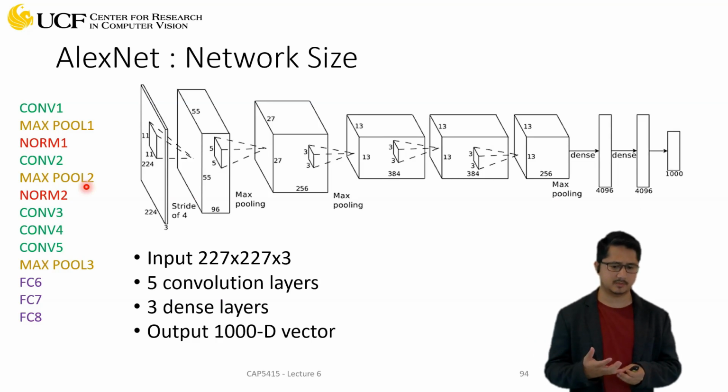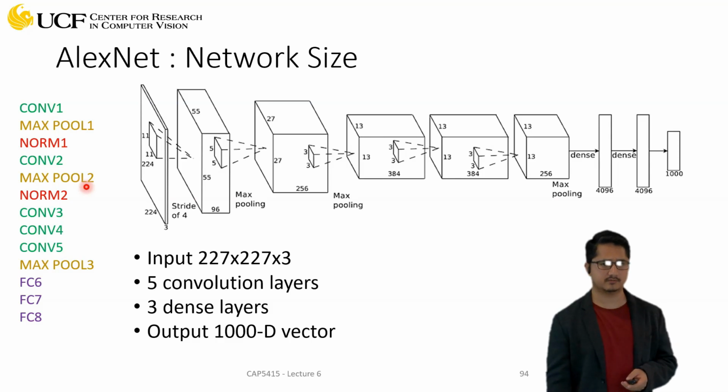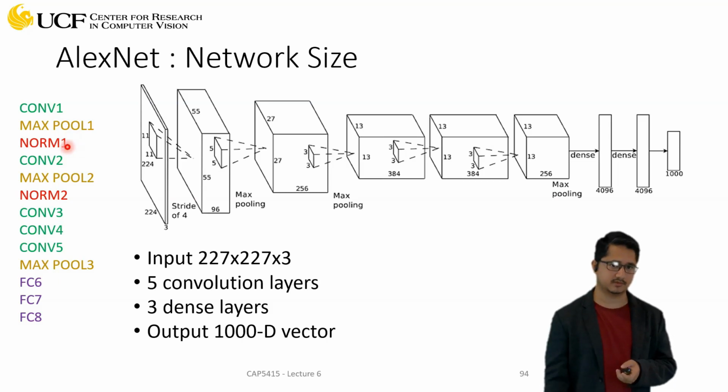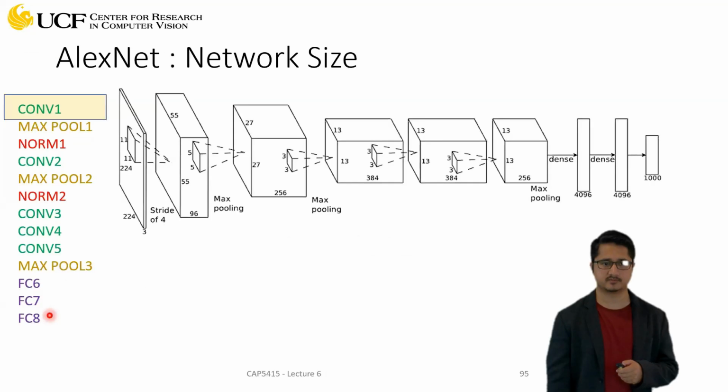These days we have batch normalization, which we'll cover, I think, in a later part of the lecture. Or I think we have already covered this. So this is just a norm layer, which is trying to limit the values of the activations. All right, then FC1 represents fully connected layers. So you have 3 of those. Okay, so that's the nomenclature.